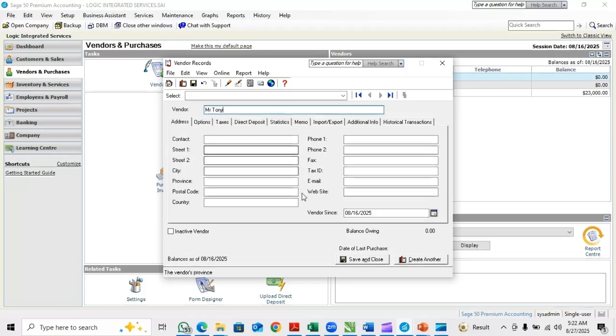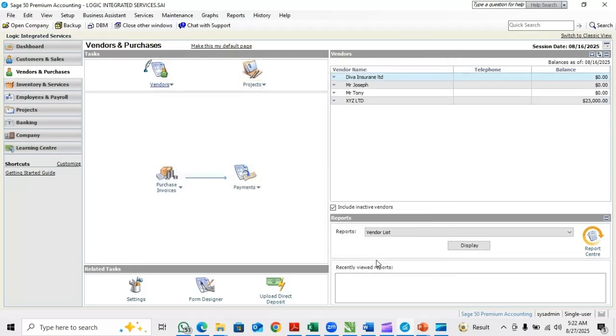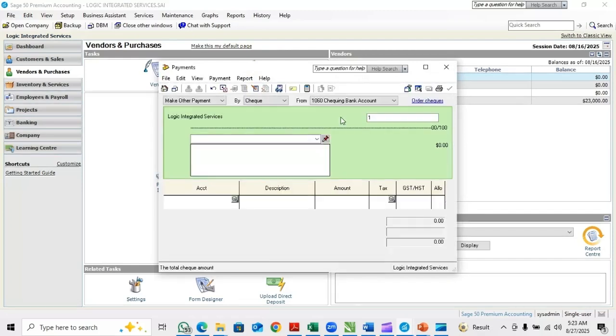Mr. Tony is the painter who helped Logic Integrated Partners paint their office, and we're going to make a payment of that, which is expenses of 12,500.